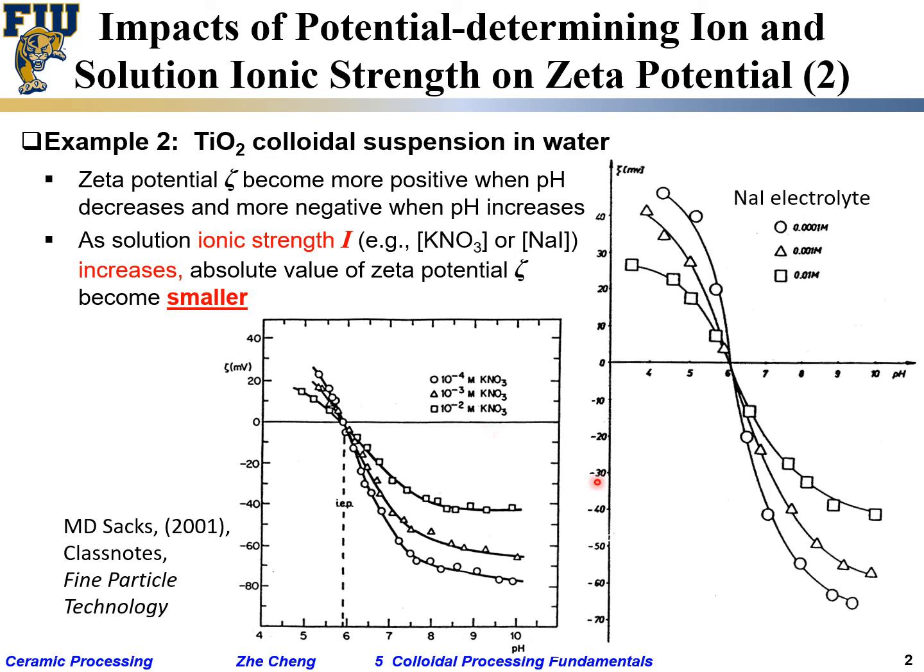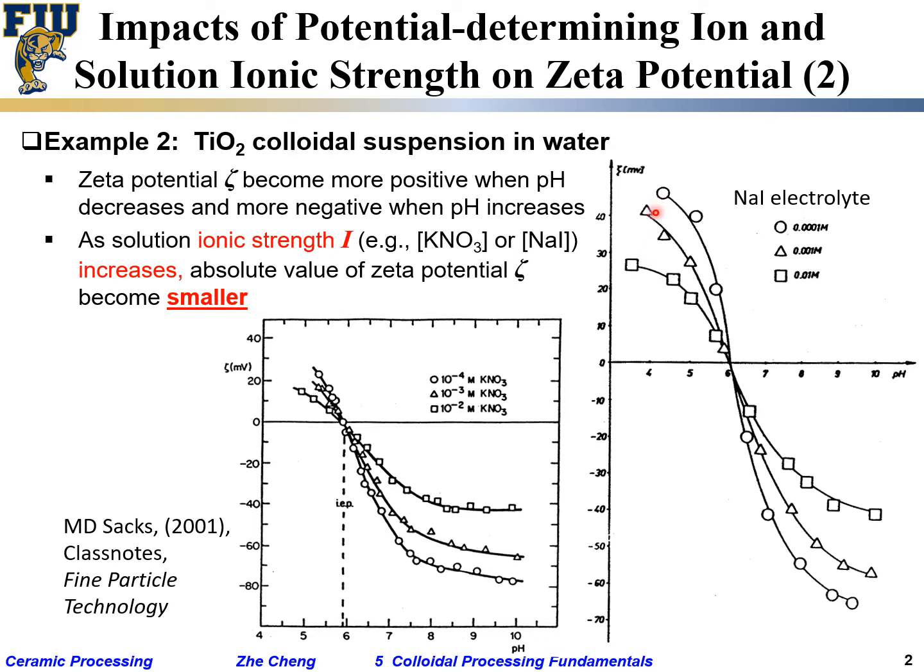Okay, this plot shows still TiO2 against pH, but with a different electrolyte, sodium iodide. The trend is still similar. Low pH, positive zeta potential, high pH, negative zeta potential, but then from circle to square, we have increase in electrolyte concentration, and for the same pH, I have a decrease in absolute value.